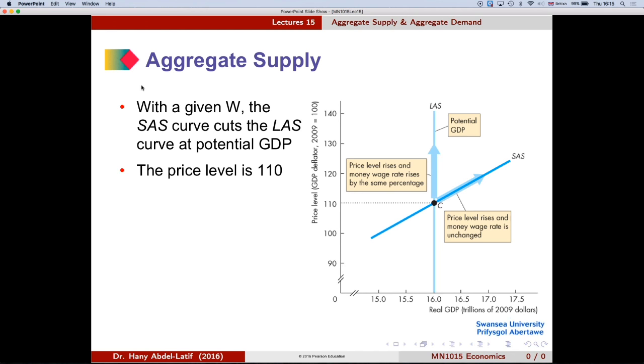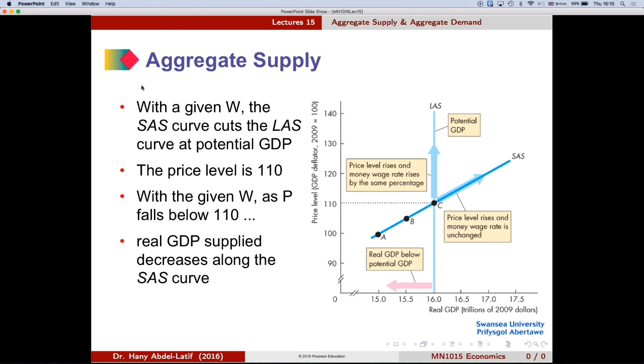If the price level was below 110, then we'll be moving the other direction on the short run aggregate supply curve, this way. So if the price is below 110, that means we have a recession, or the real GDP we have is below the potential GDP.